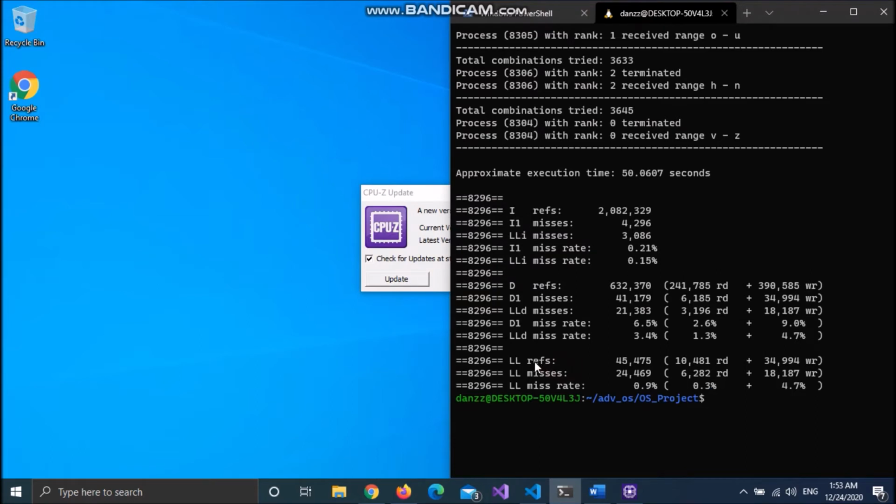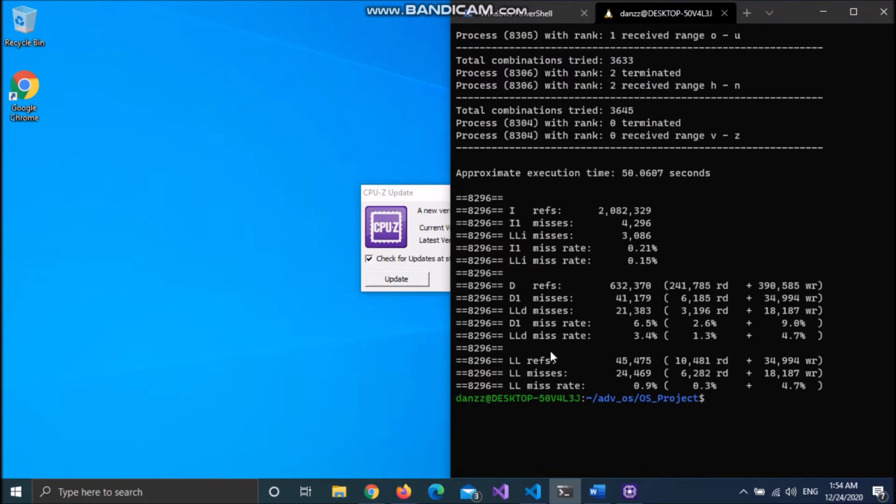Now these are the amount of references made to the level 3 cache, and exactly as before, this is the amount of misses, and again for both reads and writes. So L3 cache is a shared cache.